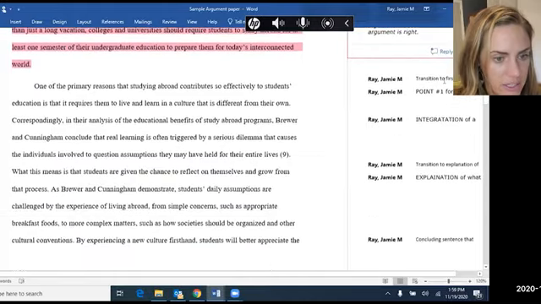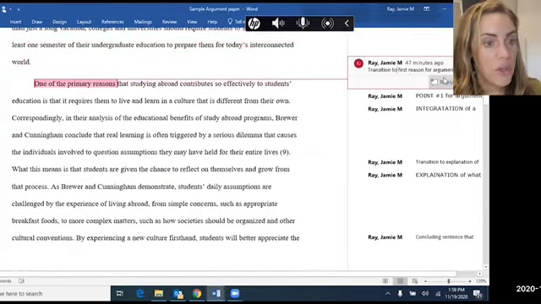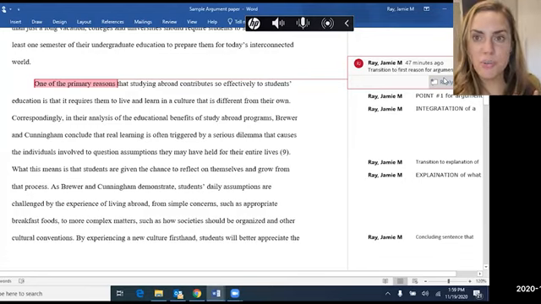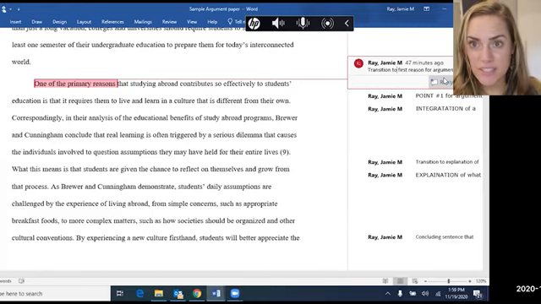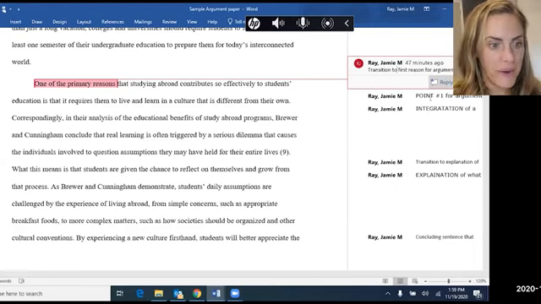Okay, so in the body paragraph, we have a transition that helps us move from the intro paragraph to the first body paragraph, and it's a nice one. I highly recommend this kind of transition. "One of the primary reasons," and then your point, right?